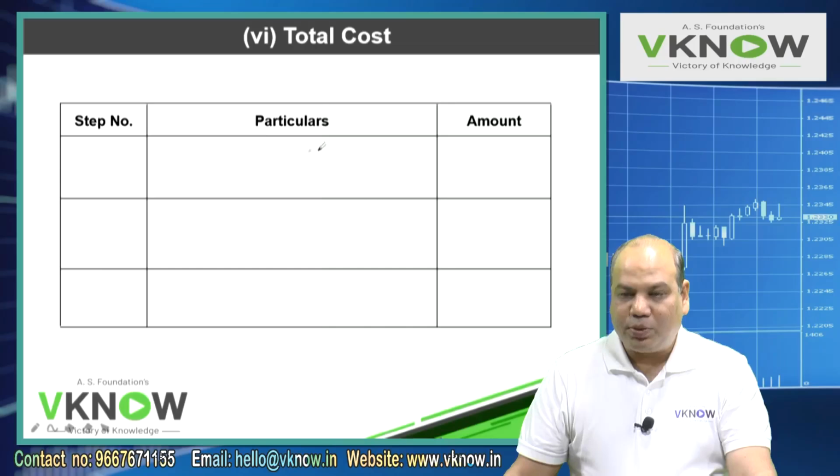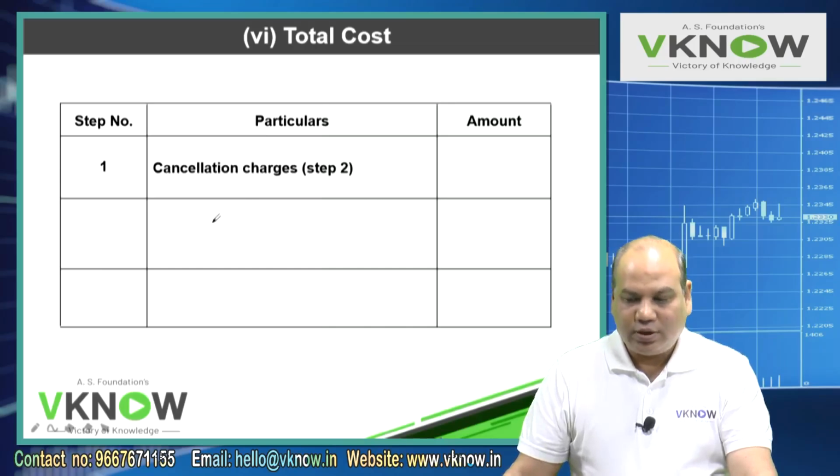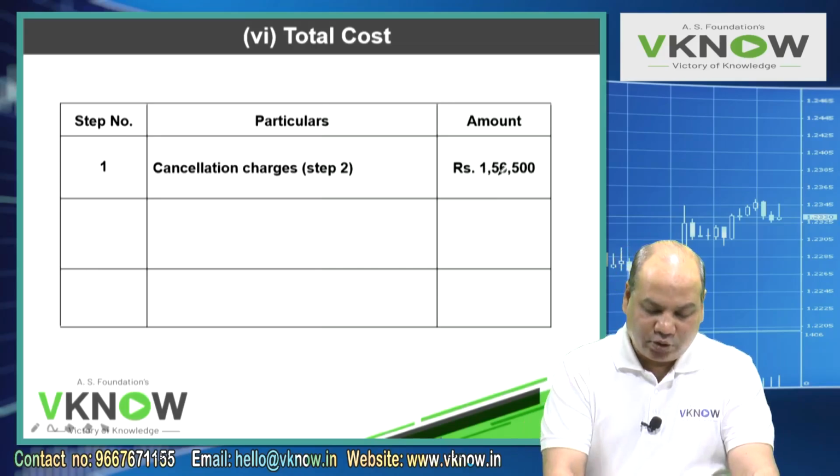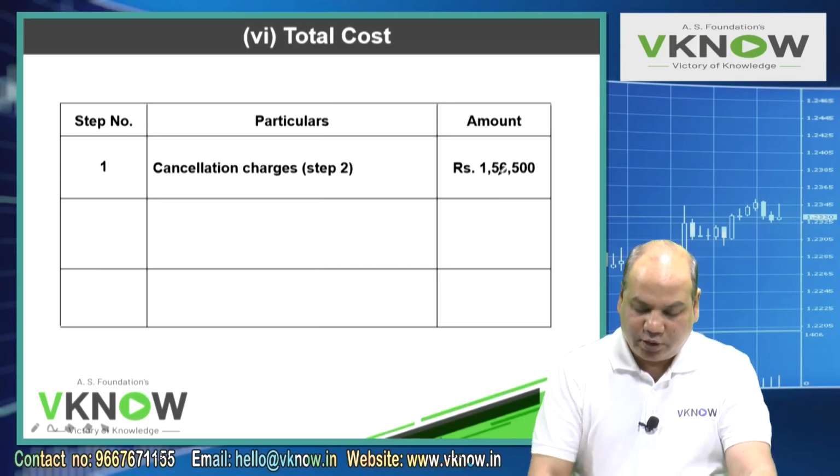Step number, particulars, amount. Step number 1, cancellation charges, 156,500. Type on calculator 156,500 plus sign.